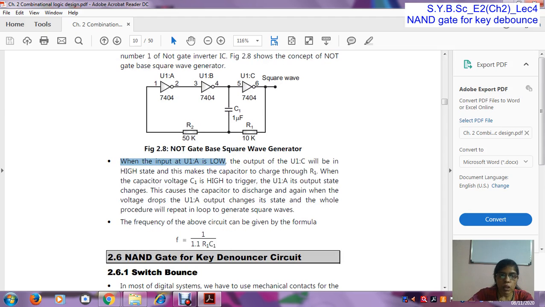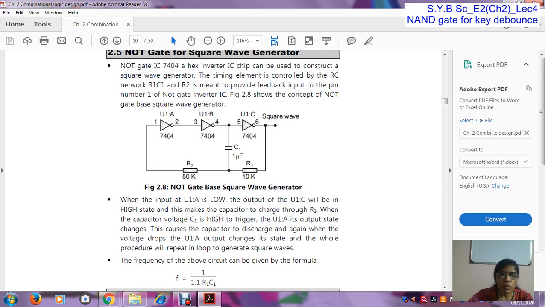The frequency of the above circuit can be given by the formula 1 upon 1.1 R1C. So by using this formula, we can calculate the frequency of the square wave which we get at pin number 6 of IC 7404.